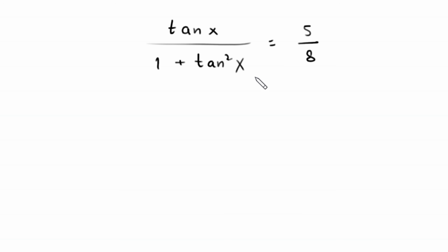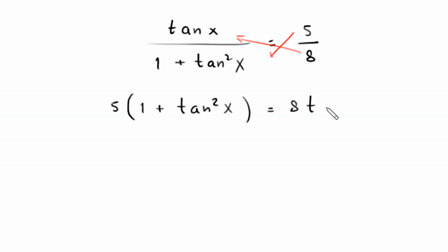Now we use cross multiplication. We multiply this 5 by this expression, and we multiply this 8 by this tan of x. So this will become 5 times 1 plus tan squared of x, equal to 8 times tan of x.